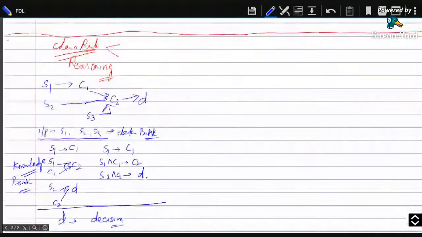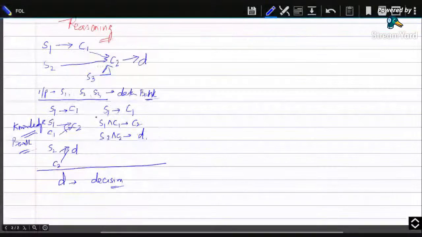So this is what you say: because patient said this, I could understand this, and because I understood this and patient said yes to this, I could understand this, and because patient said S3 also and C2 I could understand, then I can decide what the disease is.